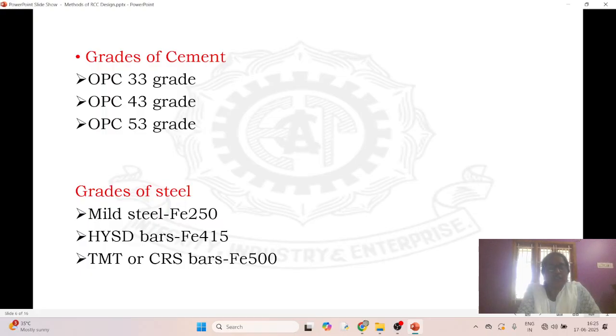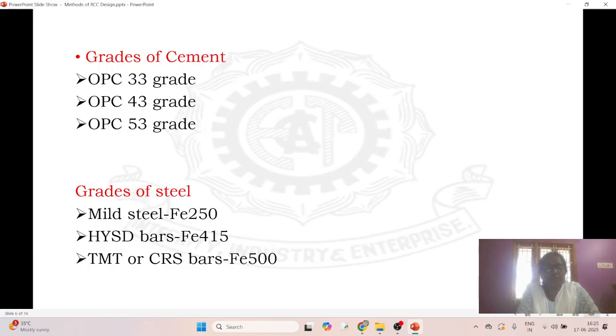Grades of steel. Steel is classified as mild steel Fe 250, high yield strength deformed bars Fe 415, and TMT thermomechanically treated bars or corrosion resisting bars Fe 500.